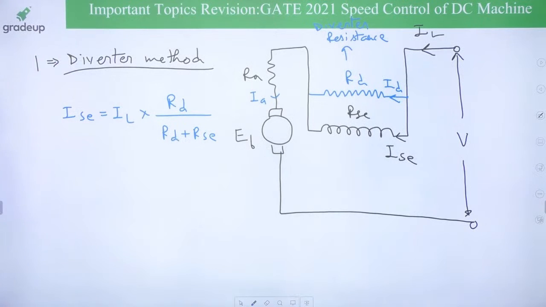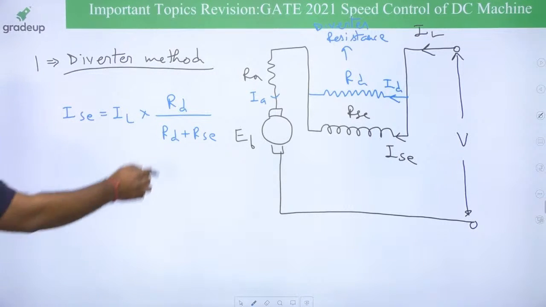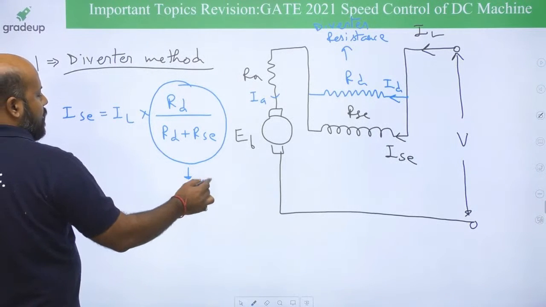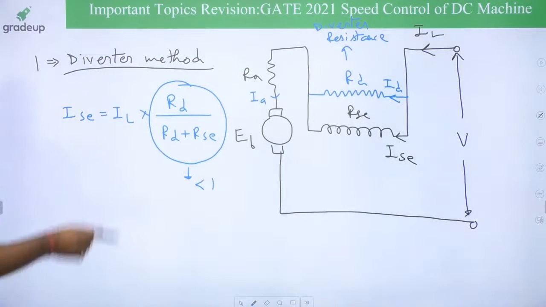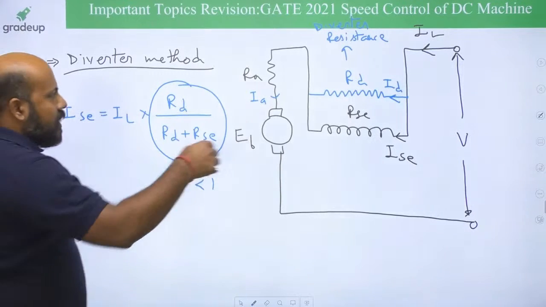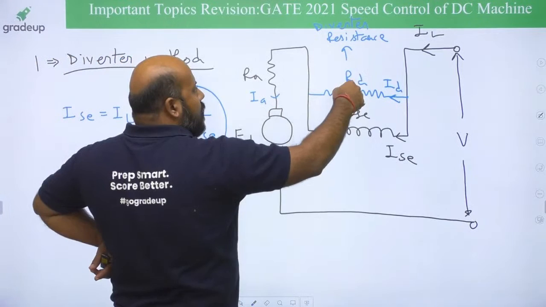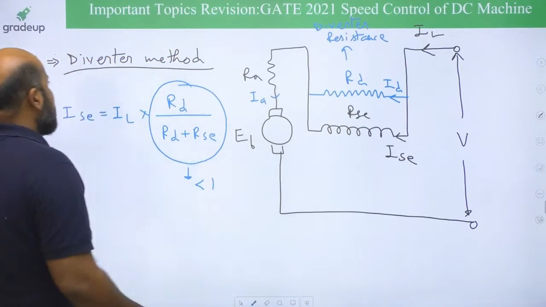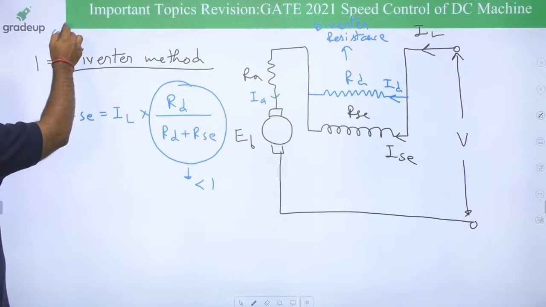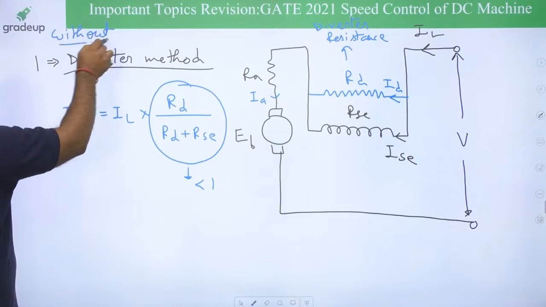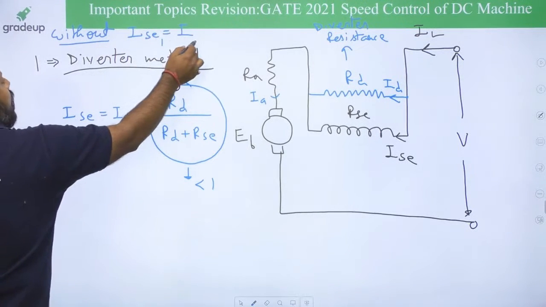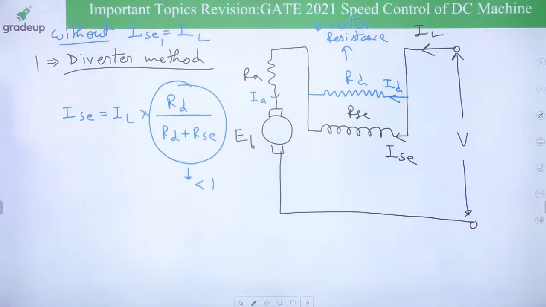Now you can very well understand that this RD upon RD plus RSE is going to be less than 1. Initially when this diverter resistance was not present, all the line current was passing through the series field winding. So initially, without this diverter resistance, the series field winding current was equal to the line current.